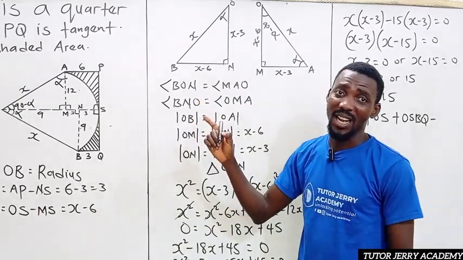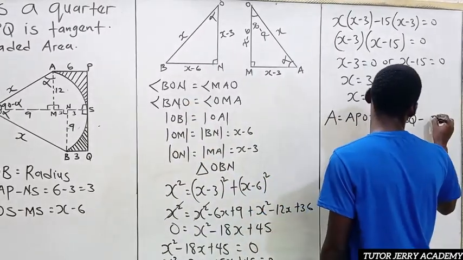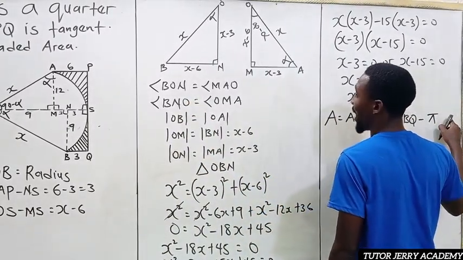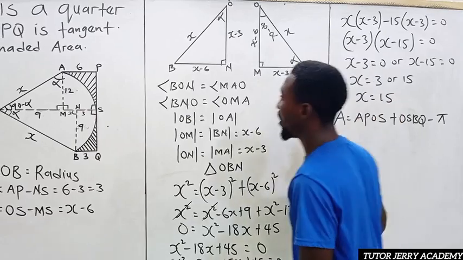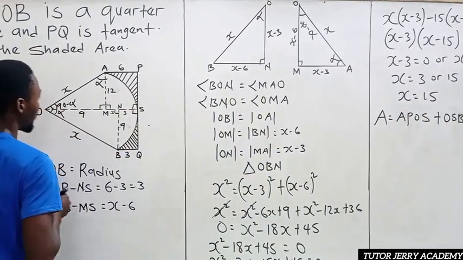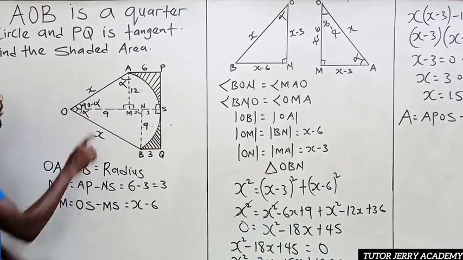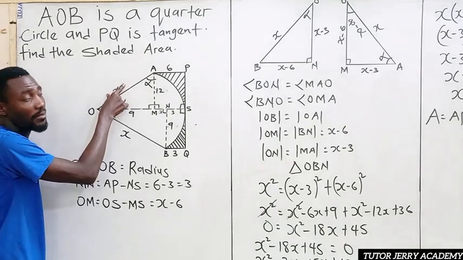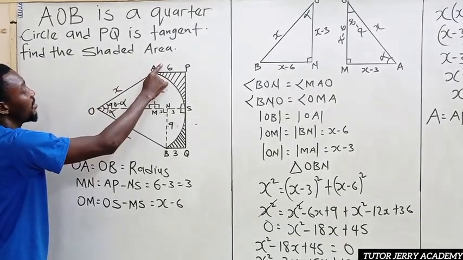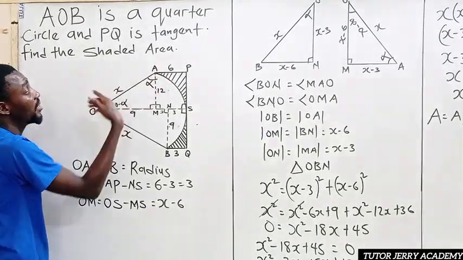What is the area of a circle? Pi r squared. Is that clear? But what is r? We said our S is 15, so our radius is 15, because from here to here is S, which is the radius.